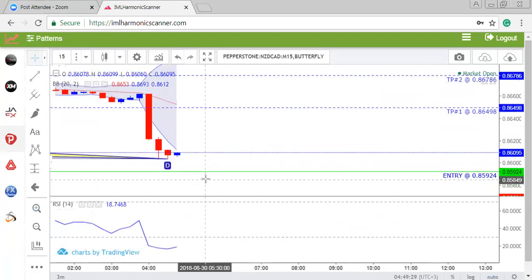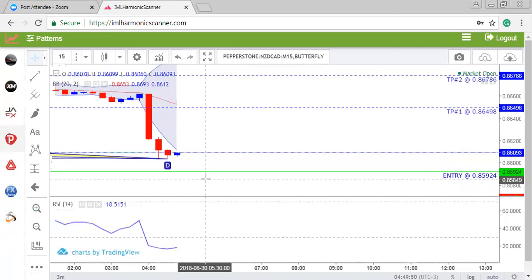Okay, so do we enter this trade, yes or no? Someone answer. Did someone say yes? I did. Can you tell me why you would enter this trade right now?